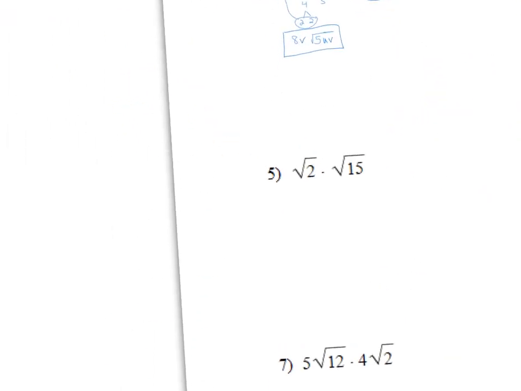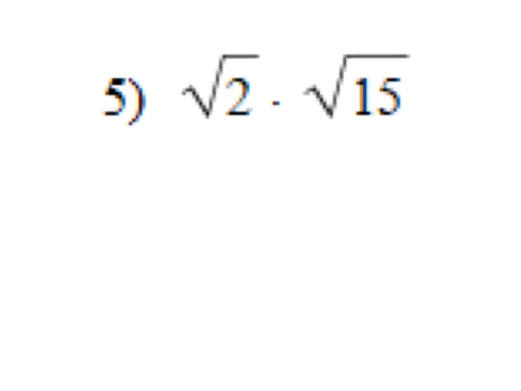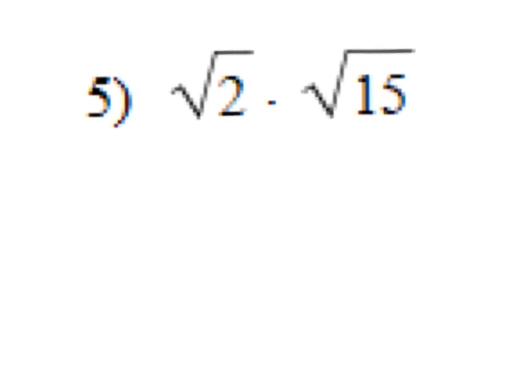Okay? All right, so now we're going to take a look at what happens when we are asked to start multiplying them. So now, in this case, anything on the inside is multiplied with anything on the inside here, okay? So 2 times 15 is 30, so I have the square root of 30, and then break it down.